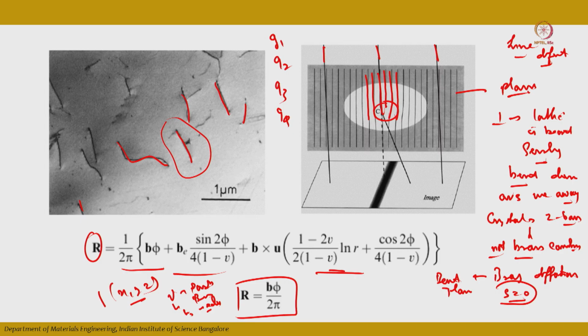Based on the vector analysis G dot B, you can get the invisibility criteria and identify what type of Burgers vector is present for that particular dislocation. Okay. So this is how we can identify the nature of dislocation in any sample.